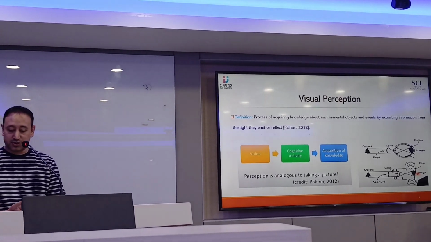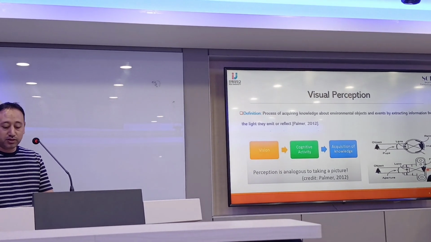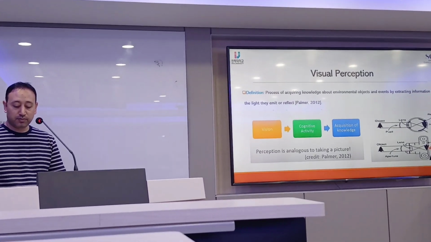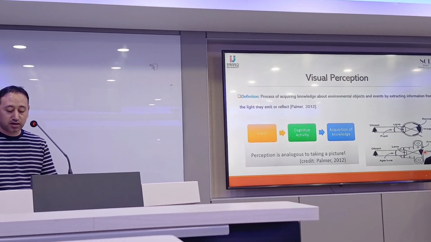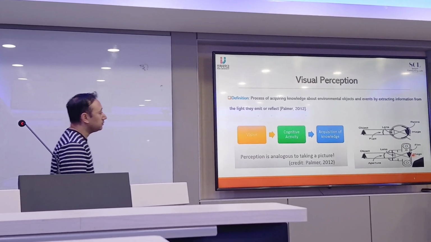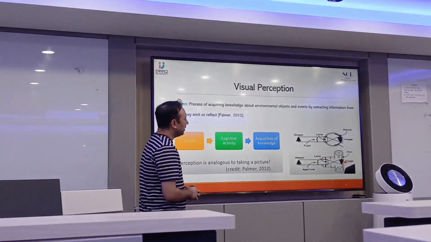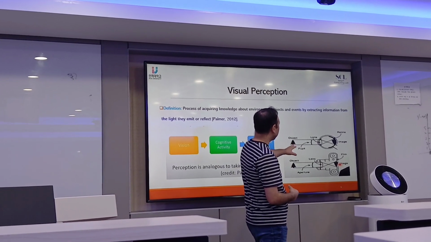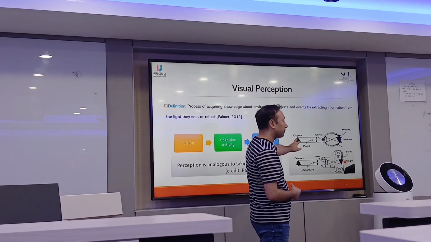Visual perception is the process of acquiring knowledge about environmental objects and events by extracting information from the light they emit or reflect. So how does it work? In nature, for example, this is an object, for example, a tree.